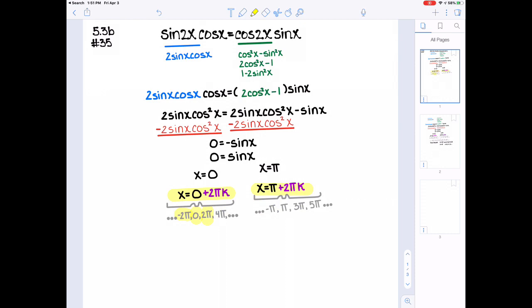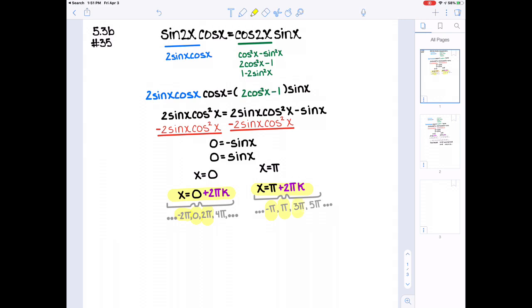Let's list a few of the answers that this equation generates. If we substitute k with negative 1, we will get negative pi. If I let k equal 0, I would get pi plus 2 pi times 0 and get pi. If I let k equal 1, we would have pi plus 2 pi times 1, giving us 3 pi.